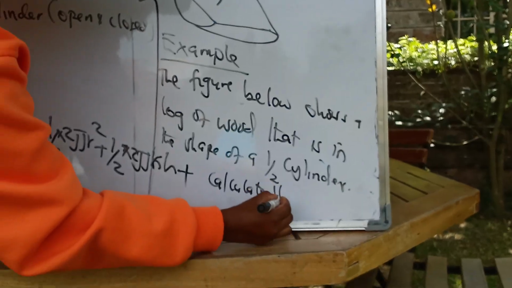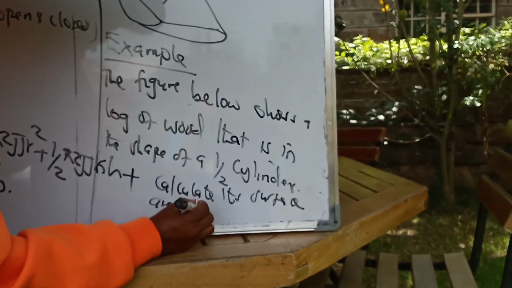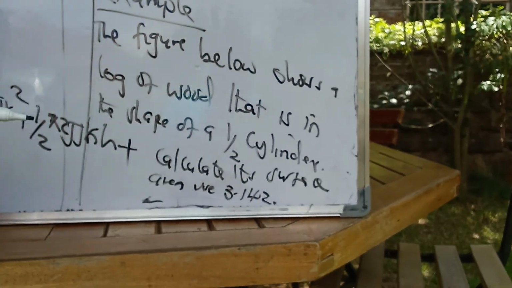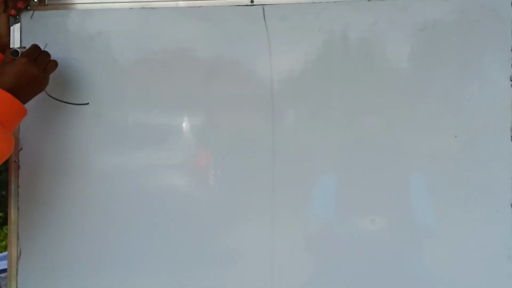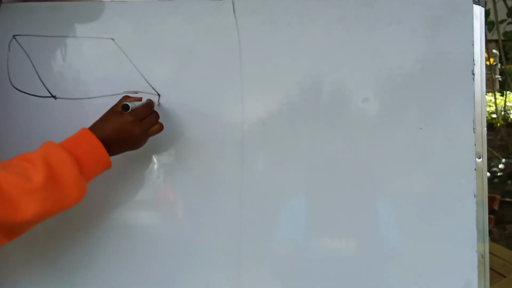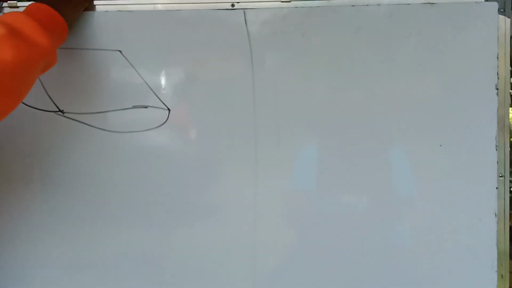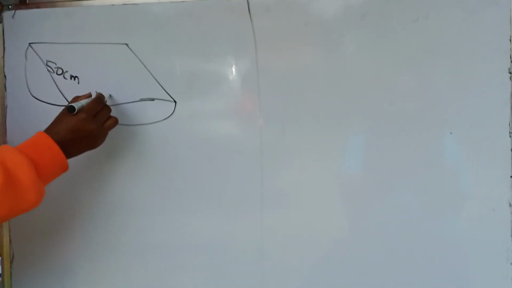And you are told to use 3.142 as pi. The shape looks like this, which has 50 centimeters here and 100 centimeters there.